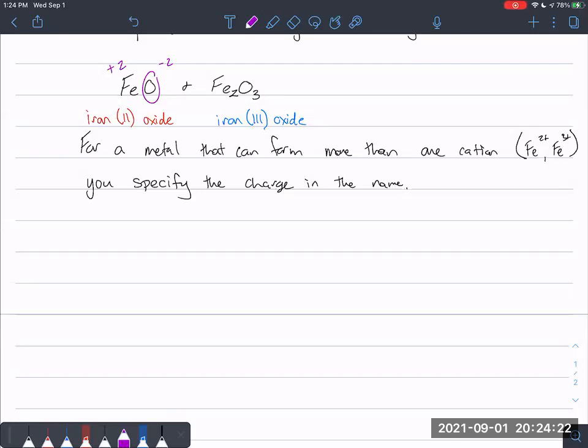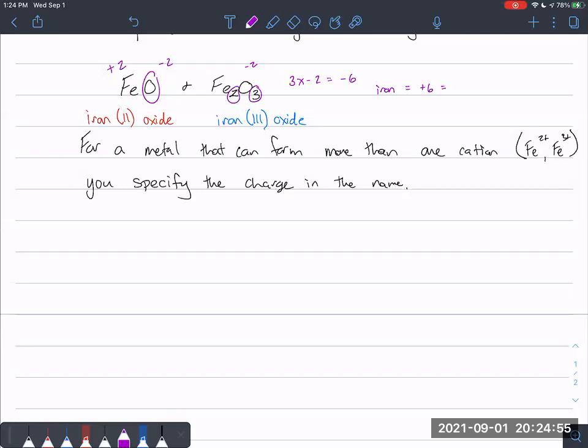However, in this case, with iron(III) oxide, again, my oxygen forms a -2 charge. However, there are 3 of them. So 3 times -2 is equal to -6. That must mean that iron is equal to +6. There are 2 irons.